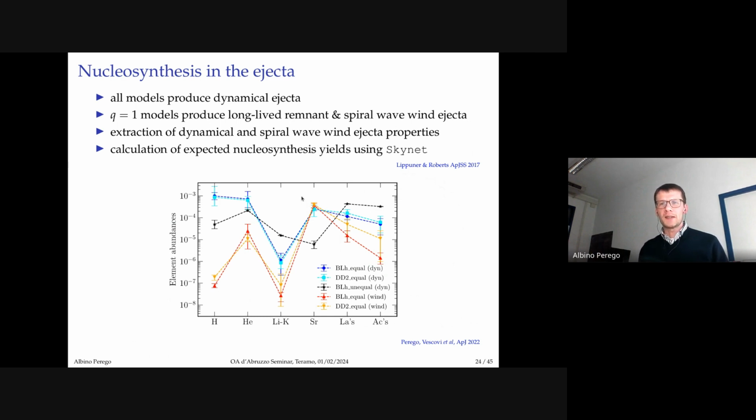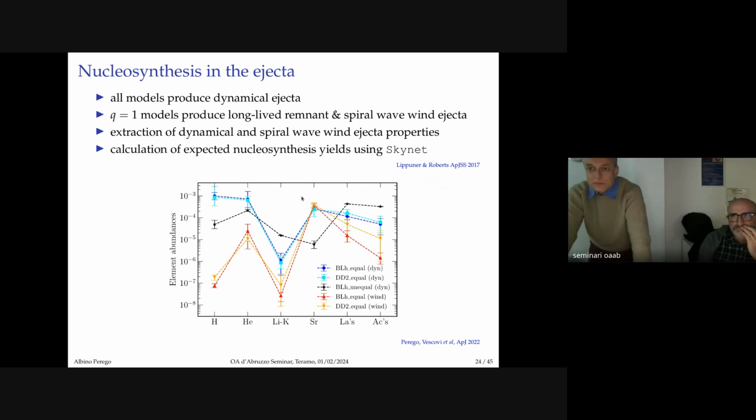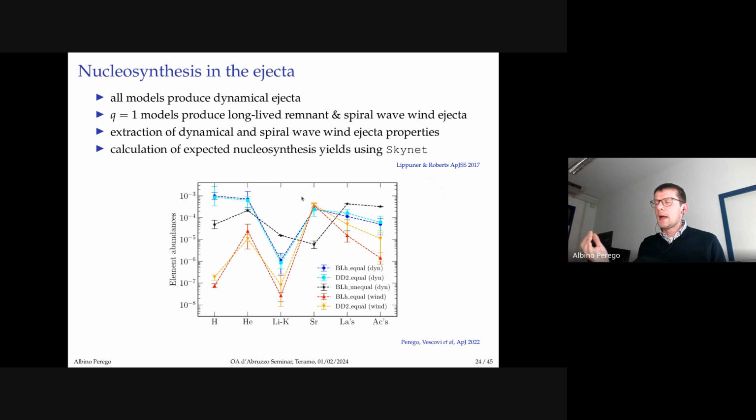I'm not saying that strontium is the most important one, or that we have a lot of iron from this, but they are partially produced. Maybe they are not relevant at the level of galactic chemical evolution, for sure, because the rate kills you. And here there are a lot of hypotheses. For example, you have to make the hypothesis that the system does not collapse to a black hole, and this is already a subset of cases.